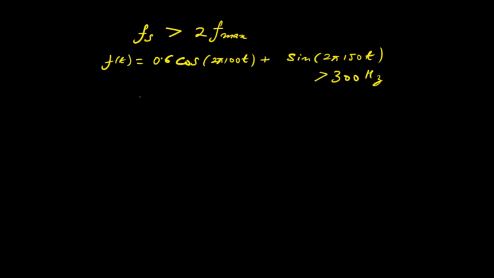And in our example where we had the 4 Hz signal, the sampling frequency should have been greater than 8 Hz. Note that the sampling frequency should not be chosen equal to 8 Hz, because we've seen that if we choose 8 Hz, what you actually get is just a DC signal.